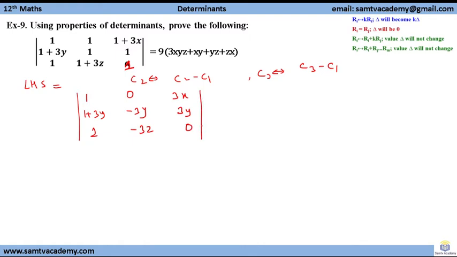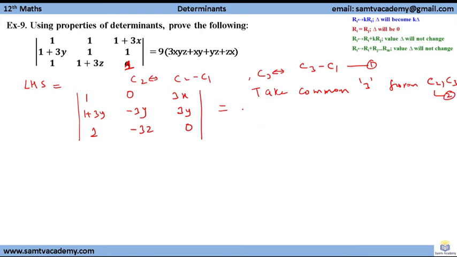Okay, now take common 3 from, you can take from first row, and from column 2 and column 3 you can take 3 common. So second step is, this is our first step. Next step, take common 3 from C2 and C3. This is second step.